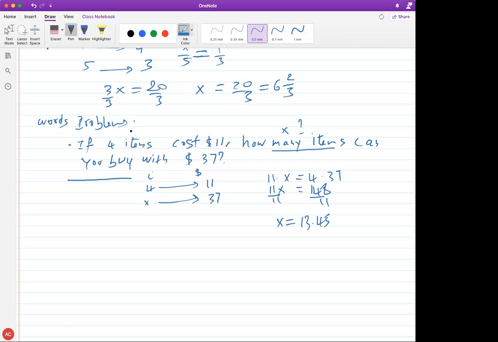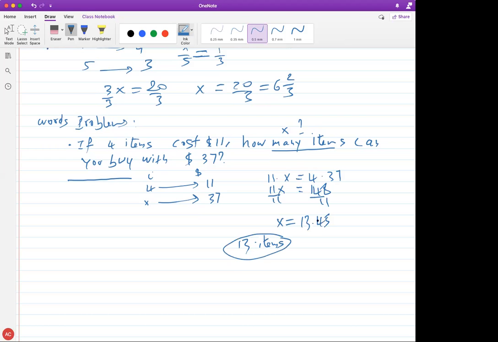13.45, but we're looking for the number of items. An item has to be a whole. For example, if we're talking about drinks here, you say 13 drinks, so 13 items. You have a little bit left here, some change left, but it's not enough to make a whole item. Unless it was money. If we were talking about money, this would be $13.45. But here, just say 13 items.